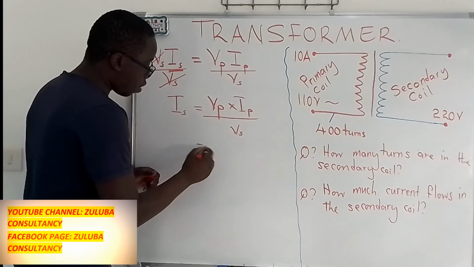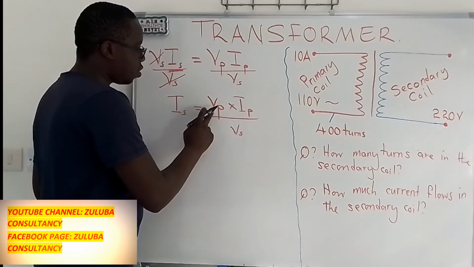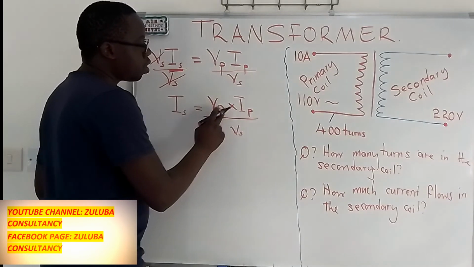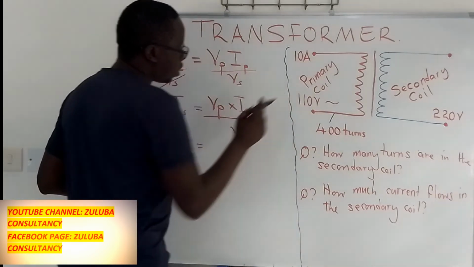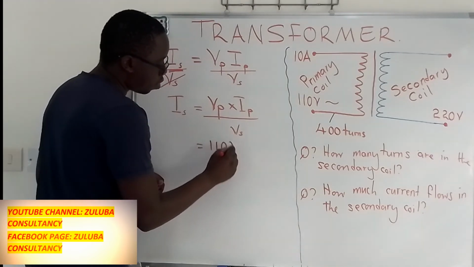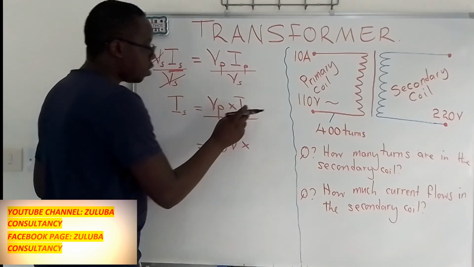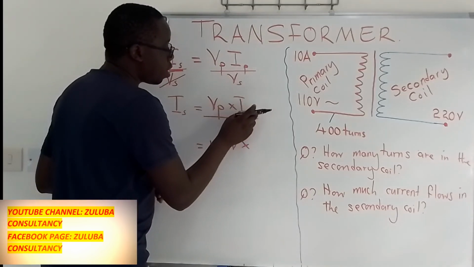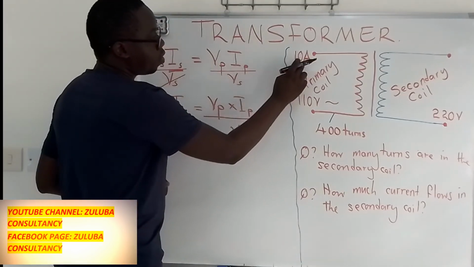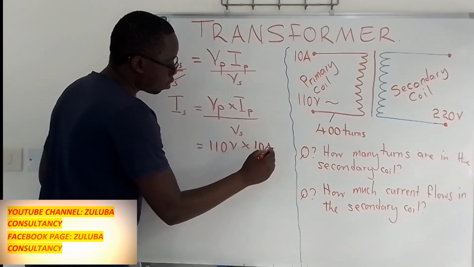So let's put the values in this question. What is the voltage in the primary? The voltage in the primary is 110 volts, multiplied by the current in the primary. We have been given it is 10 amps.